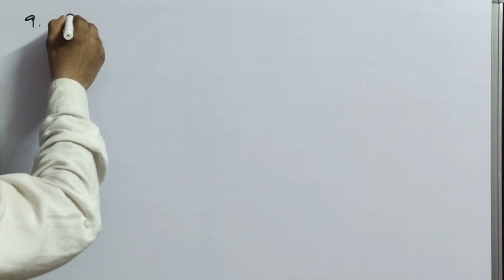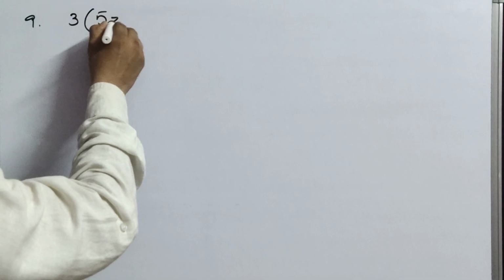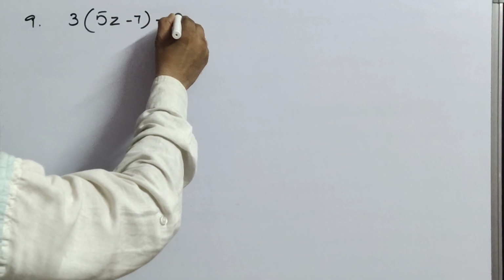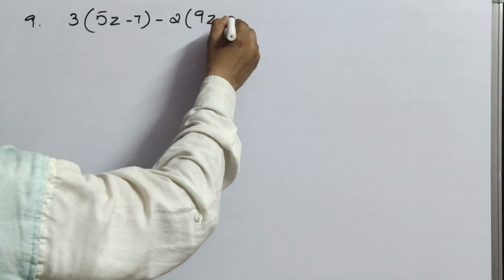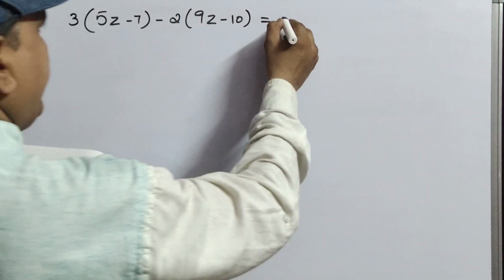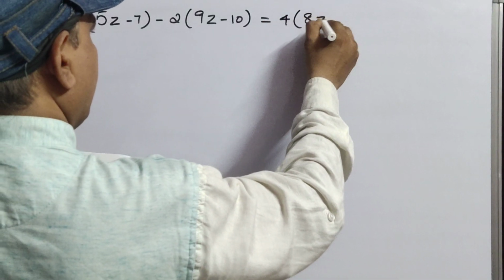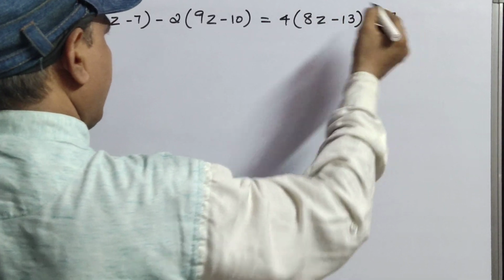Then simplify it, okay, for the value of t. Okay, here I am explaining the 9th sum for you. 3 into 5z minus 7 minus 2 into 9z minus 10 equals 4 into 8z minus 13 minus 17.